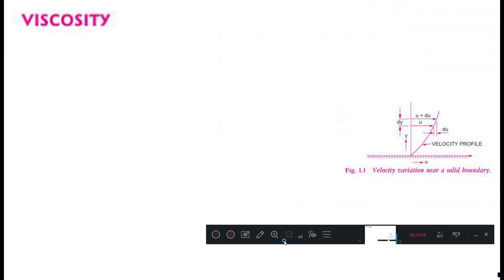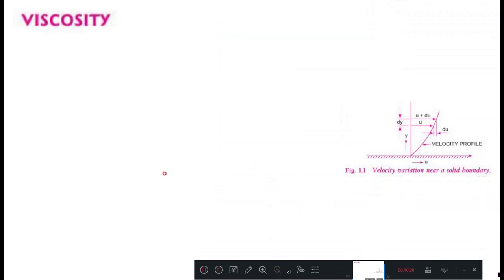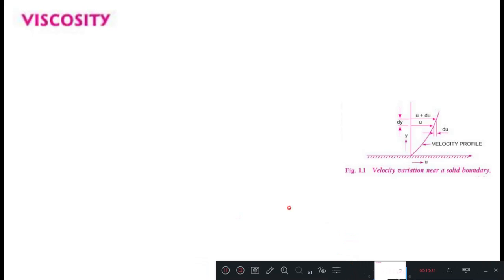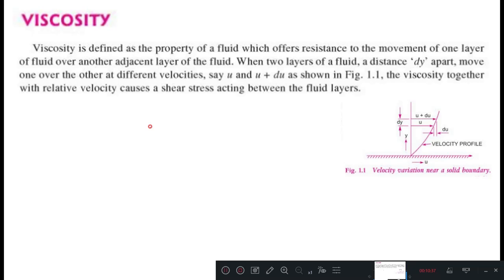So here we can derive the equation for viscosity. Viscosity is defined as the property of a fluid which offers resistance to the movement of one layer of a fluid over another adjacent layer of fluid.